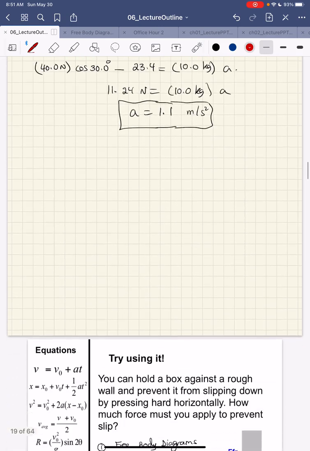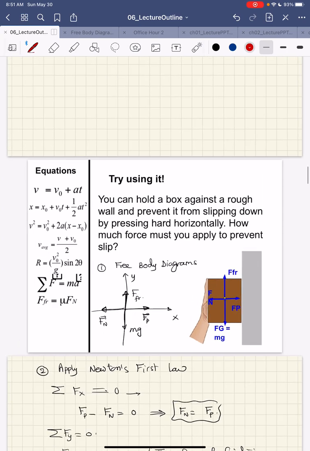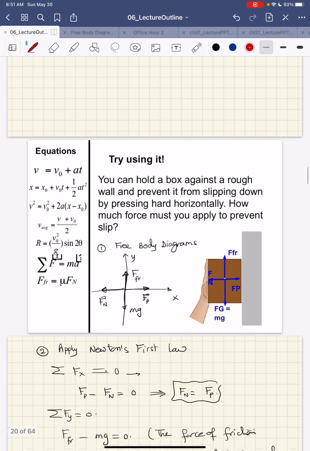Okay, another example here. I can hold a box against a rough wall and prevent it from slipping down by pressing hard horizontally. How much force must you apply to prevent slipping? Okay, then here, again, free body diagram.